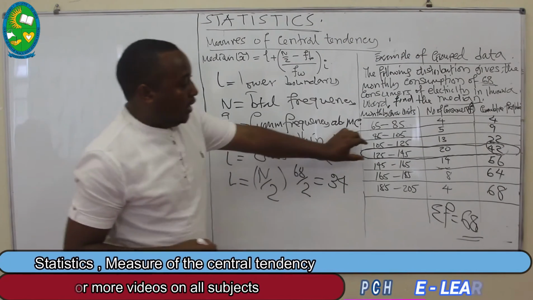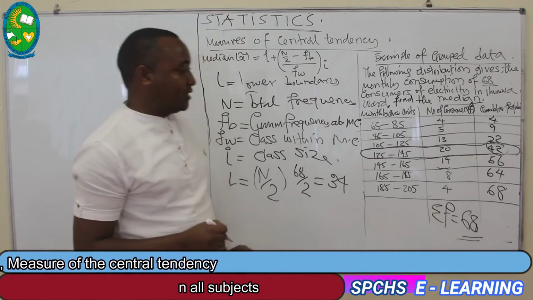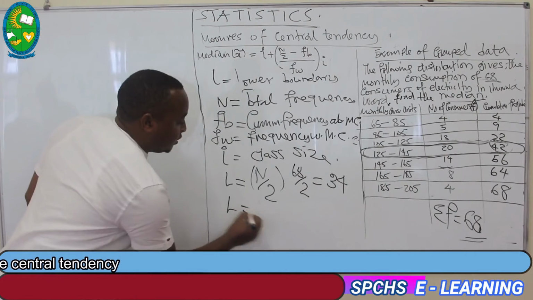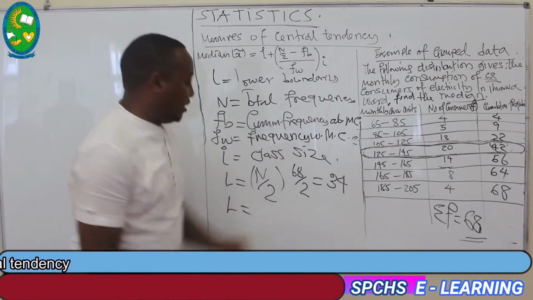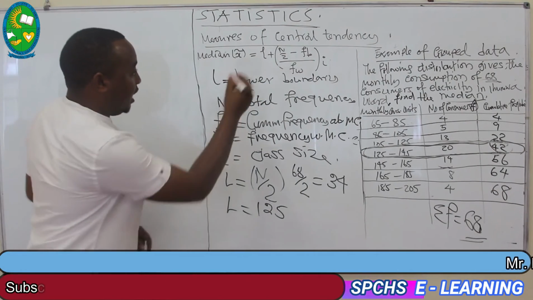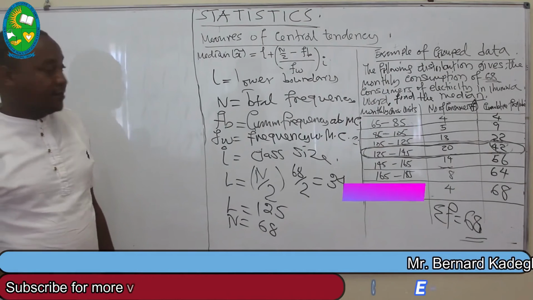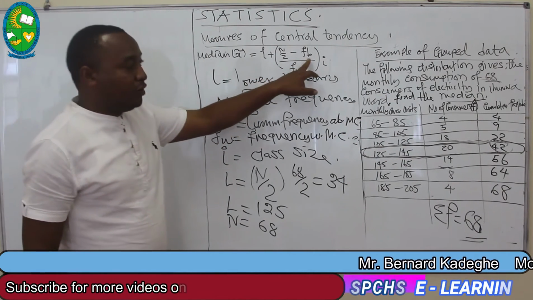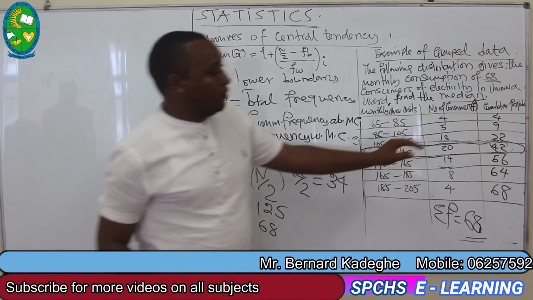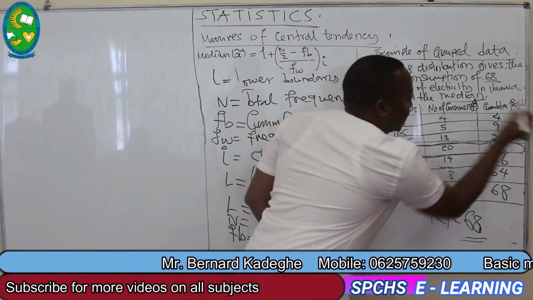If this is our class, now we take the lower boundary. So our L will be 125. Our n is 68. The frequency below the median class is this one.